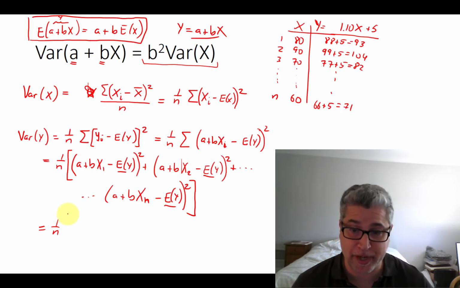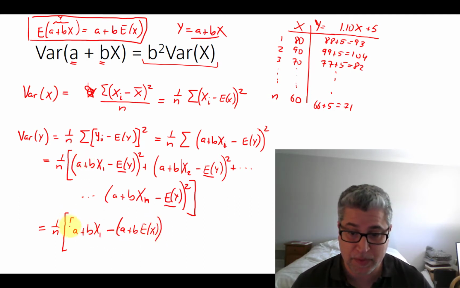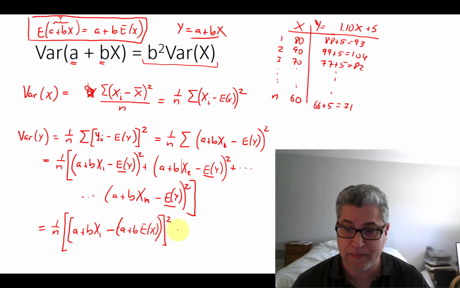This is not going to look pretty. a plus b x1 minus this, minus a plus b expectation of x. All right, that was our first term. Let's make sure we bracket that and square it.